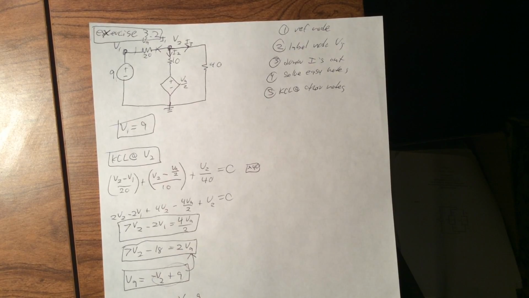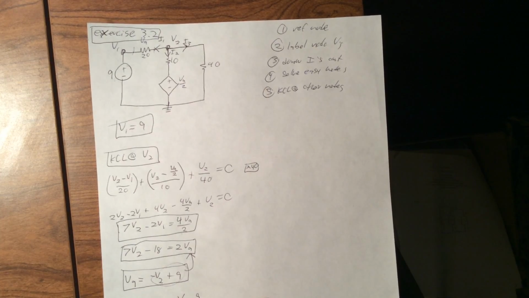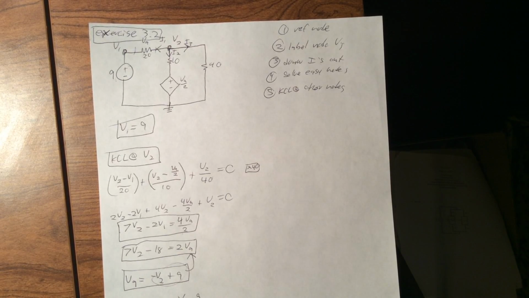And so then we're going to substitute in again, 7V2 minus 2V1 equals 2VA, which will solve through that way. Good.